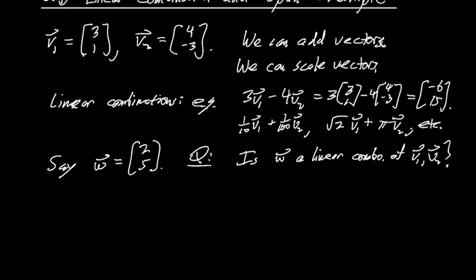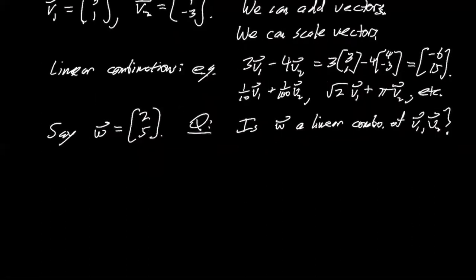Right, and so we want constants to put in front of v1 and v2. Can we find constants so that w is a linear combination of v1 and v2?